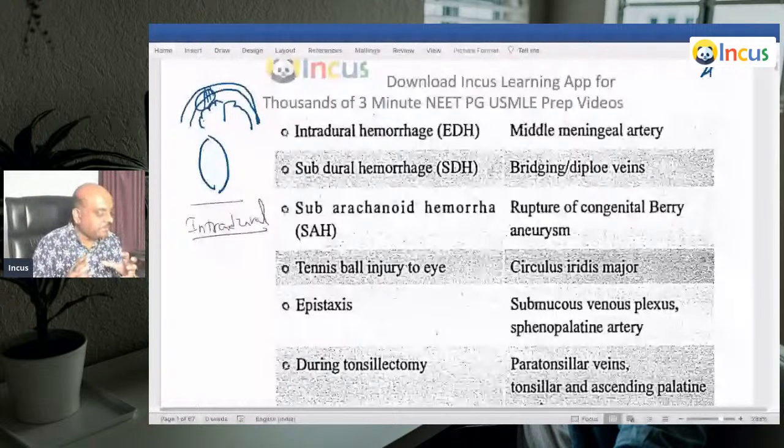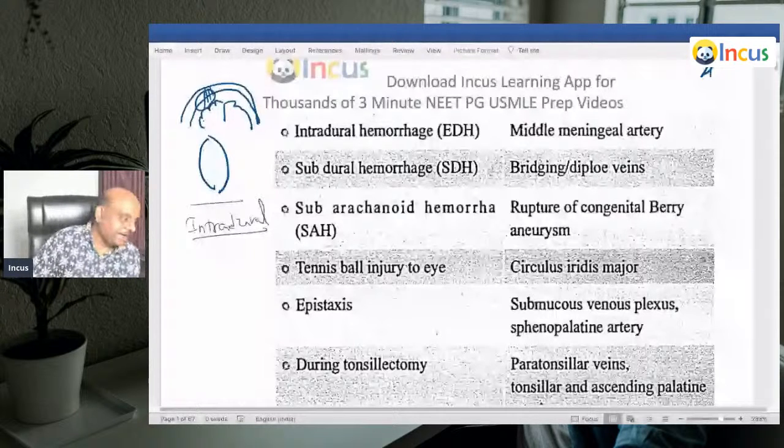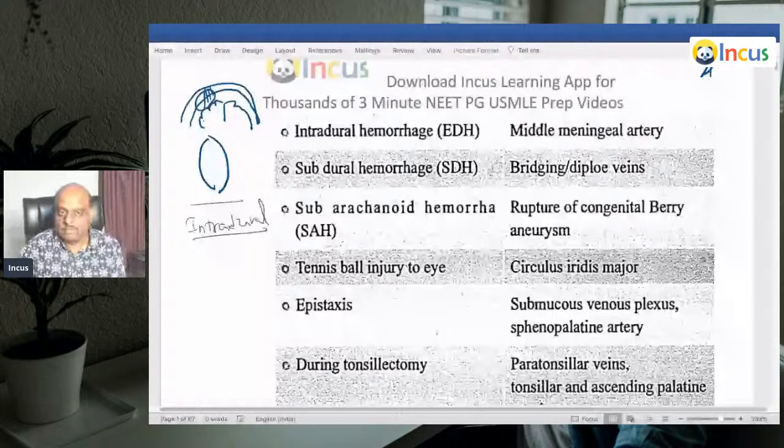There are certain blood vessels which bleed, so you should know very well what those blood vessels are. Extradural hemorrhage is typically because of the middle meningeal artery bleeding.